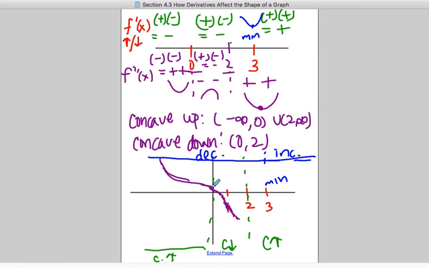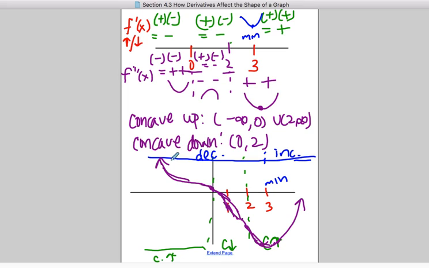I'm going to run out of room. Should have brought this over a little more. Then when I get to 2, I'm going to switch to concave up, but I'm still decreasing. And then at 3, we got our minimum, and then we are increasing.